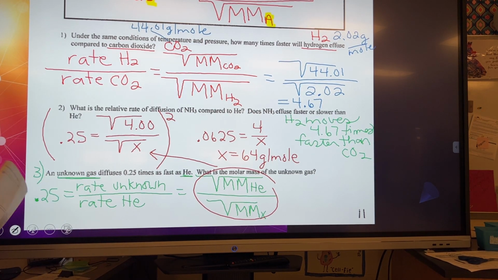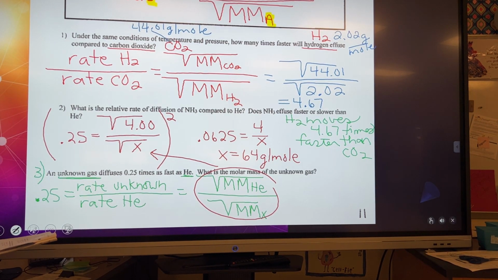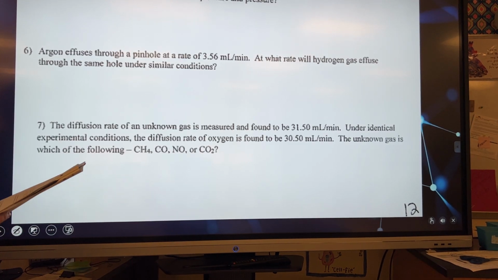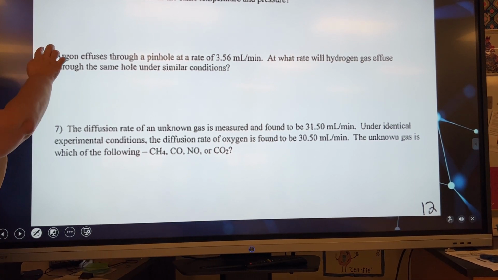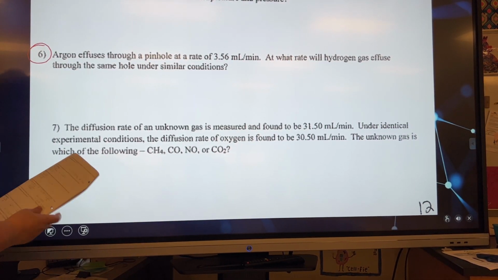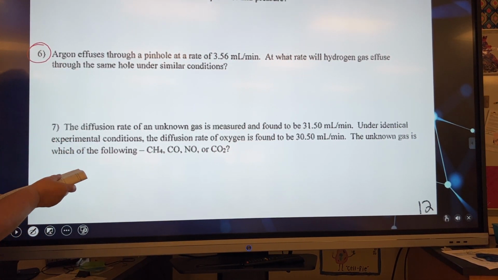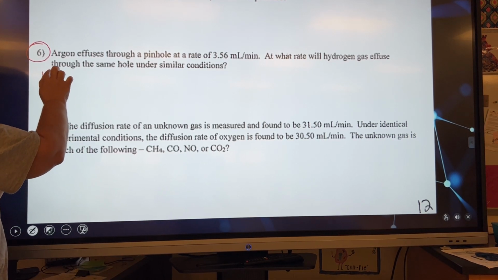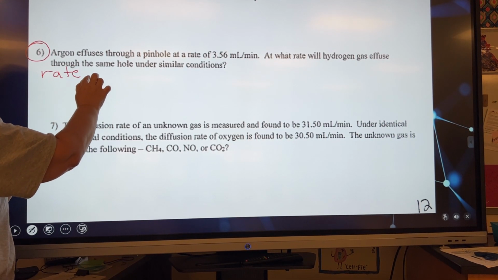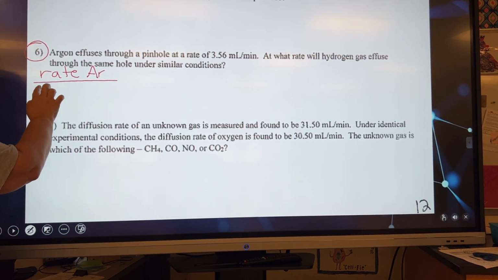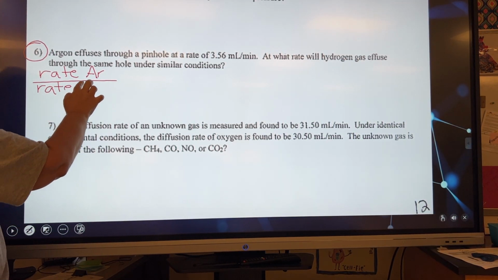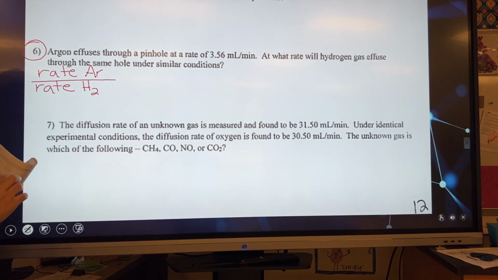All right, let's go to one more. We're going to go to page 12, and we're going to do number 6. Page 12, number 6. All right, so my rate of argon, Ar, over the rate of hydrogen, and hydrogen is H2, okay?